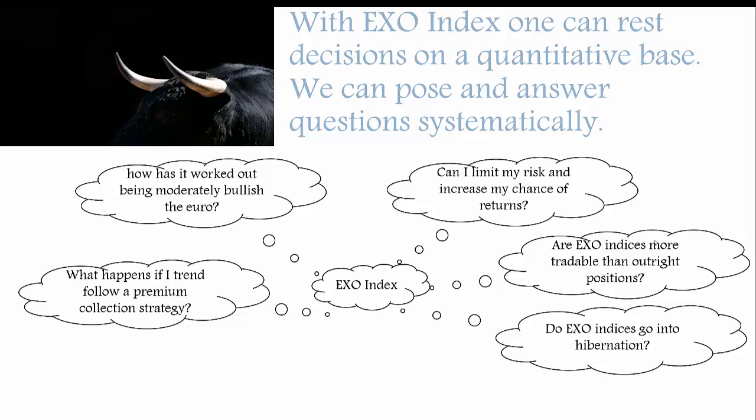Another idea that sort of can be addressed is, are the EXO indices, broadly speaking, more tradable than outright positions? So what we saw in previous slides was a potential for there to be more trendiness in some of the EXO indexes than there were in the underlying.